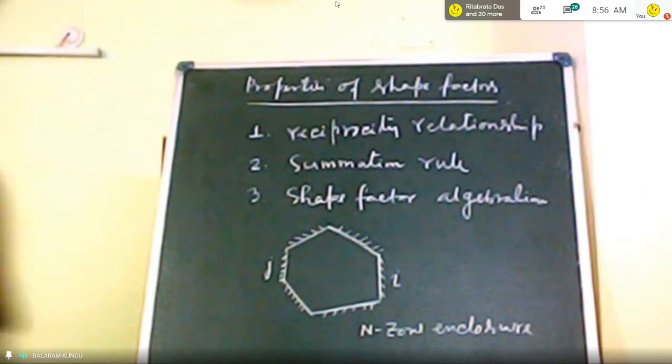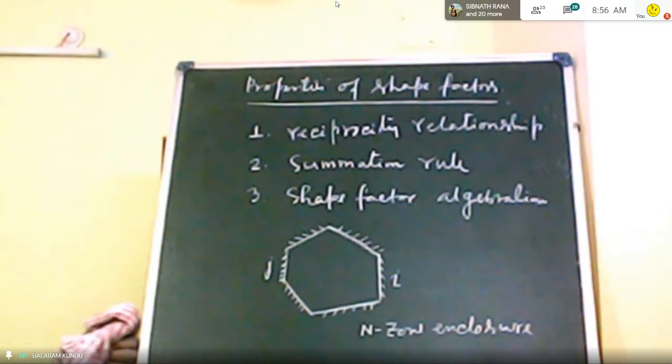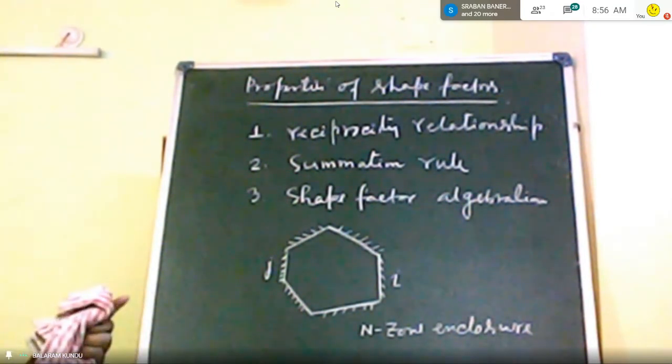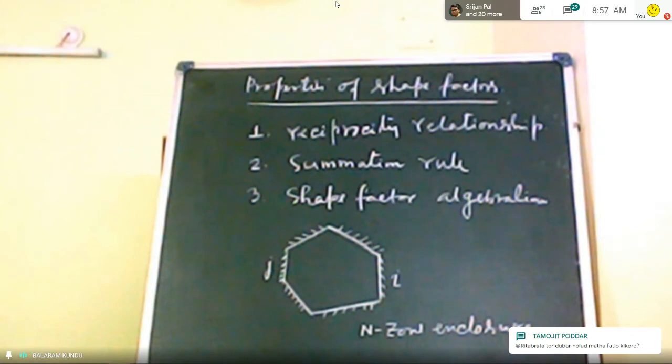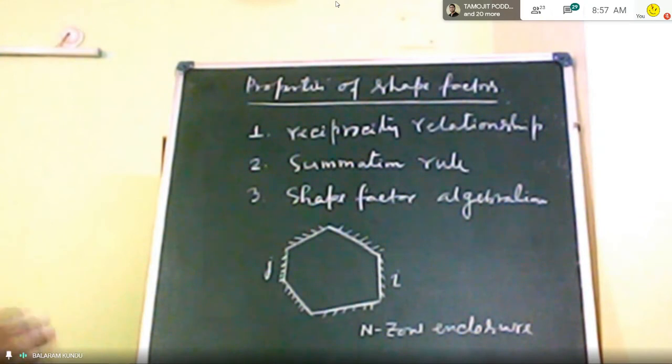So from the definition of shape factor, what can we write? Concentrate on the J surface area. The definition of shape factor is the fraction of energy emitted from one surface that strikes the other surface directly.